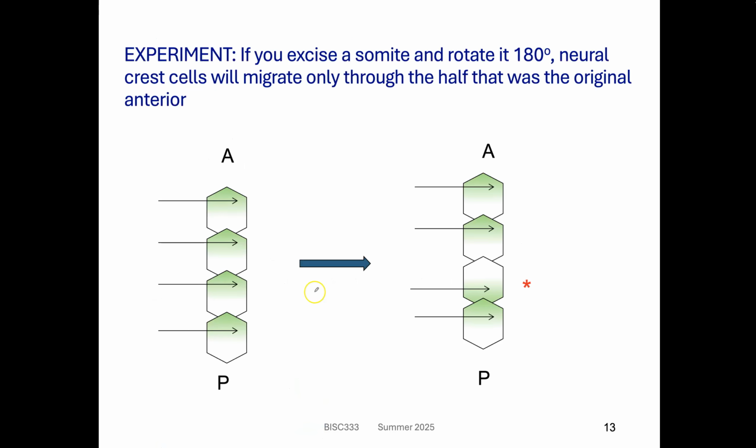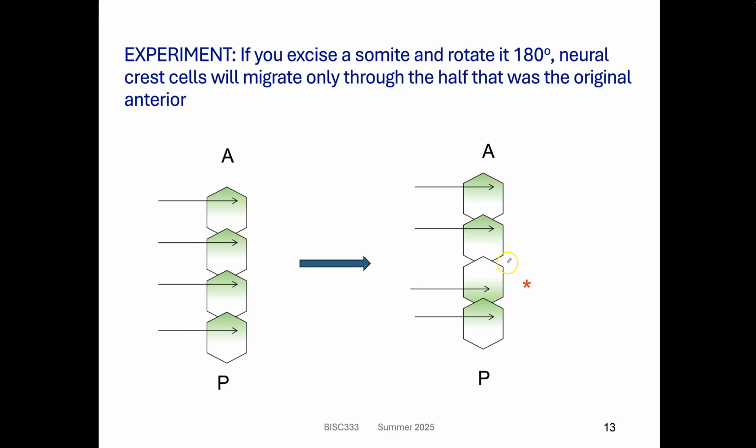And there's some experimental evidence that shows that it's some property of the somite itself that leads to this. And so I've made a very simplified set of somites here, and the migration pattern, which is across through the anterior part of each one.